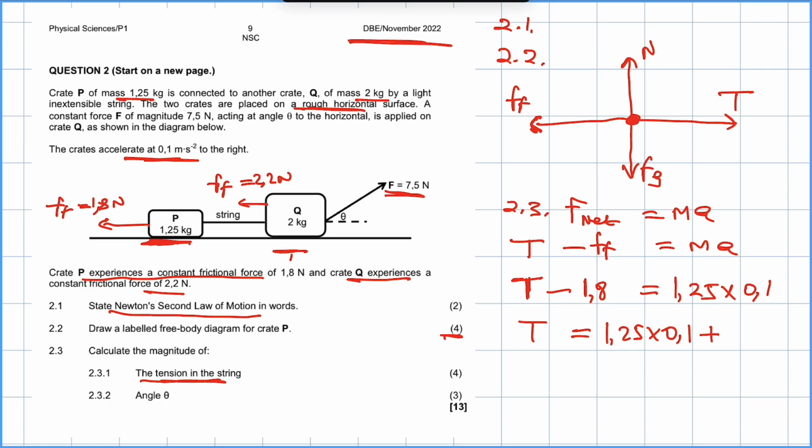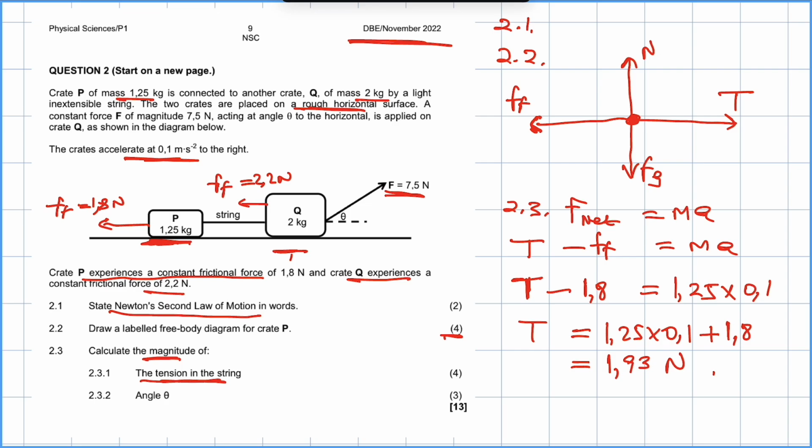We transpose the 1.8 and it becomes positive 1.8. Therefore, the tension will be 1.93 newtons. Okay, we don't need to give the direction because I just wanted the magnitude.